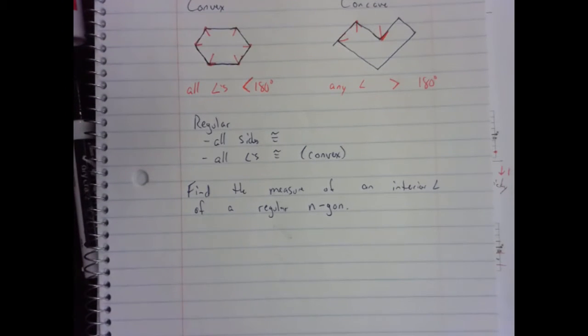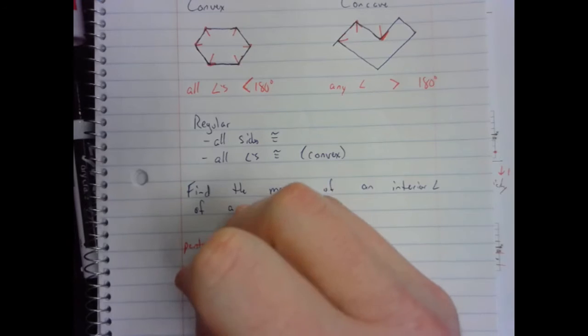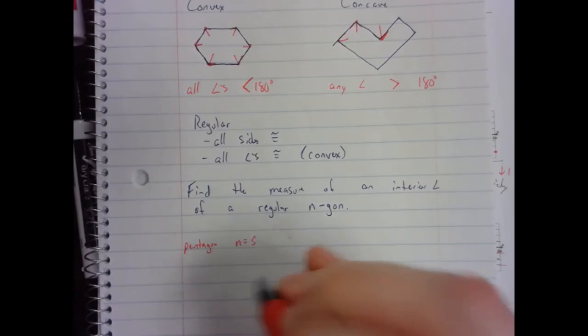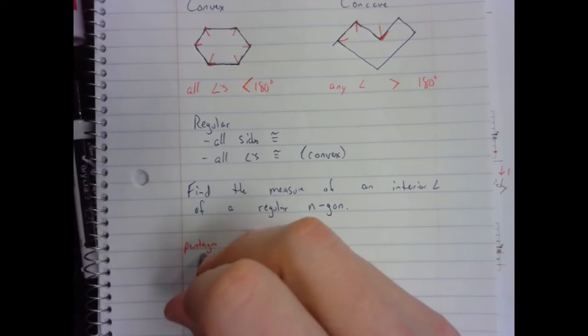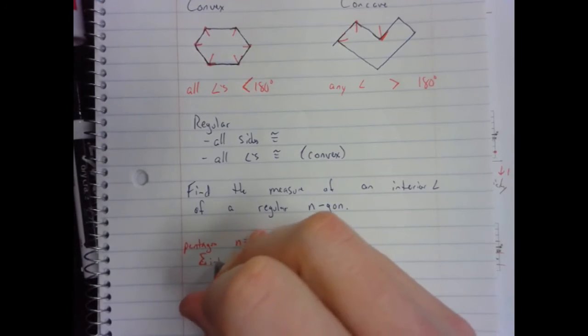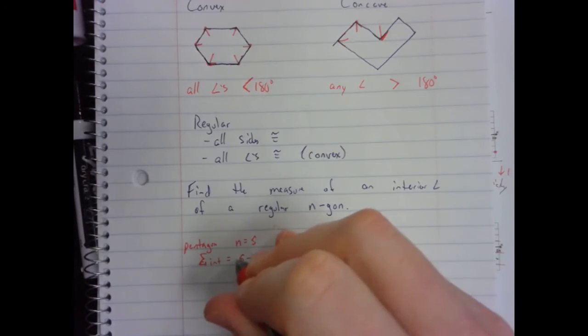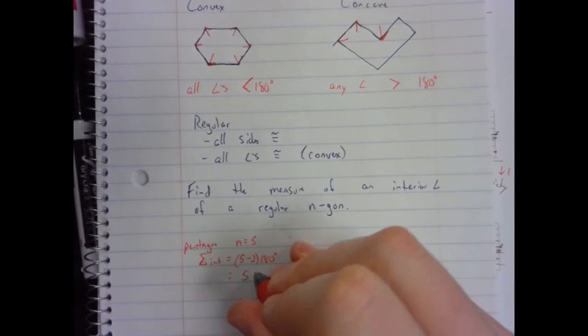Well, let's do this first by example, right? If we think about a pentagon, for a pentagon, n equals 5. So I figure out what all the angles inside add up to. The sum of the interior is equal to n minus 2, 5 minus 2 times 180. So I find that this is 540 degrees.